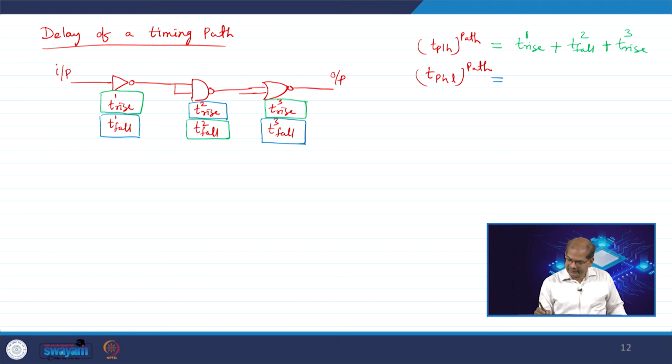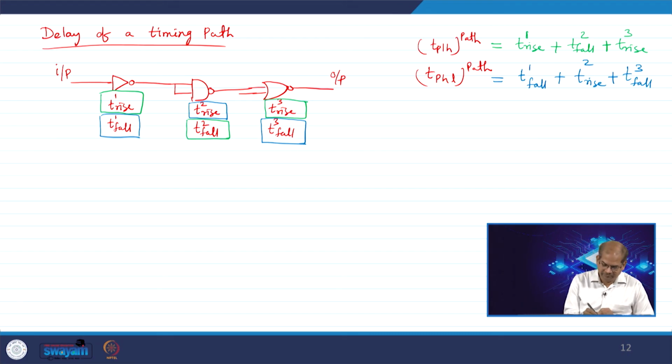Okay. So, now I have T fall of 1 plus T rise of 2 plus T fall of 3. So, let us say I have these numbers given to me, then I can find the path delay.